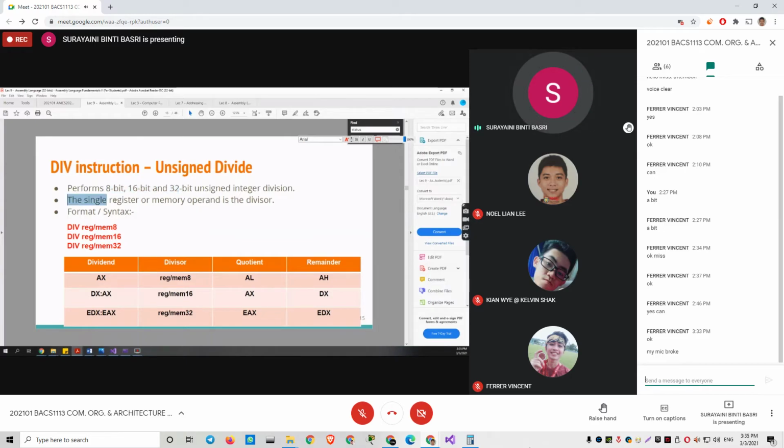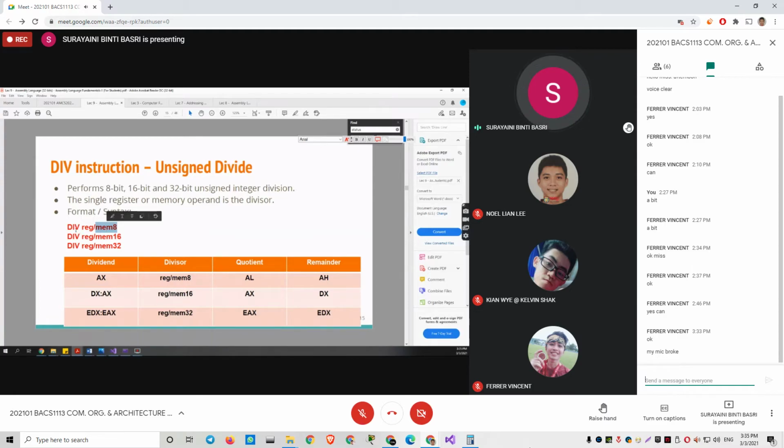The single register or memory operand is the divisor. Remember the format is div and then the divisor. The divisor can be either a register or any variable.